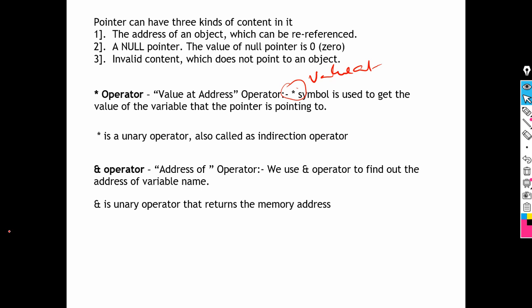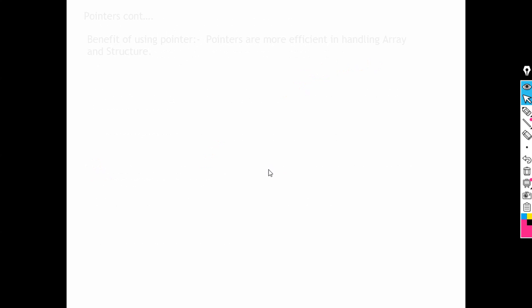Ampersand is the address operator, with the help of which you can fetch the address of a variable and assign it to a pointer, so the pointer can access that memory indirectly. Ampersand is an operator that returns the memory address. The size of any pointer is 2 bytes.